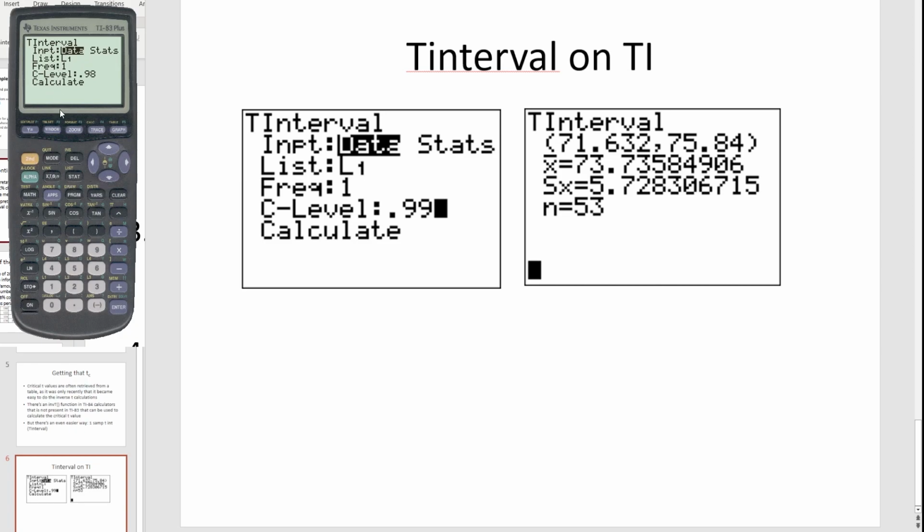Mine was typed in L1. We don't need to change the frequency at all. And our confidence level should be whatever confidence level we're looking at. Since we were looking at a 98% confidence level, we're going to type in 0.98. If we wanted a 99% confidence interval, we type in 0.99, etc. Then we hit calculate. And this outputs the confidence interval for us.